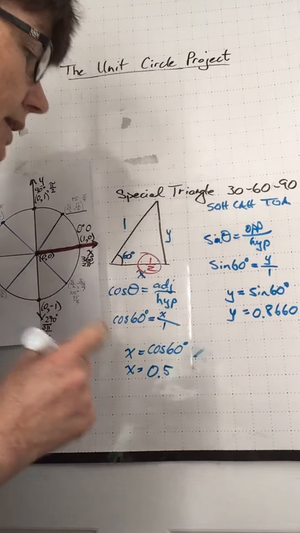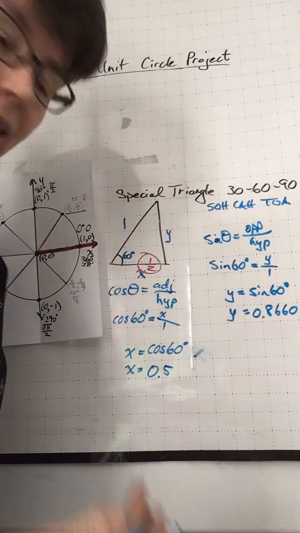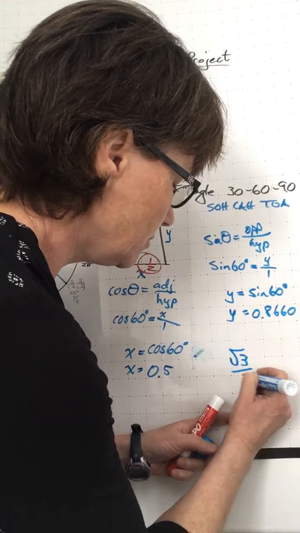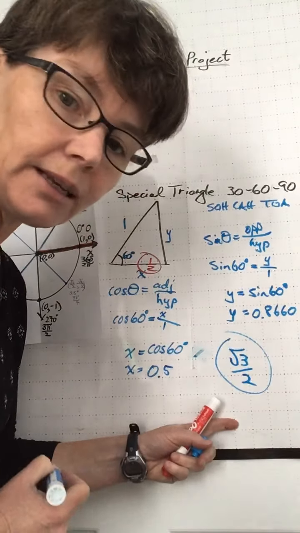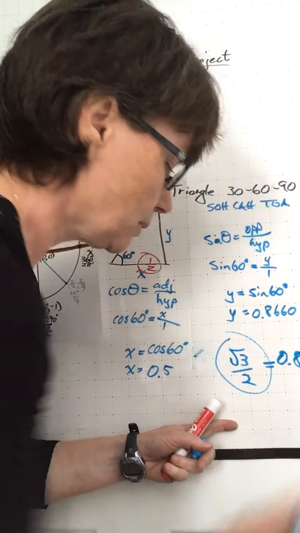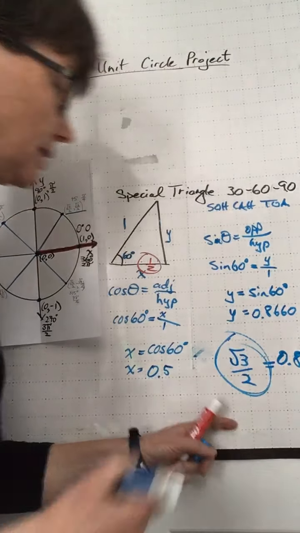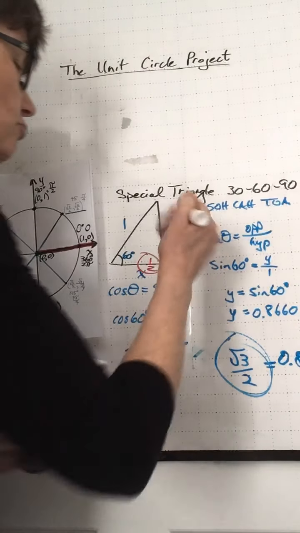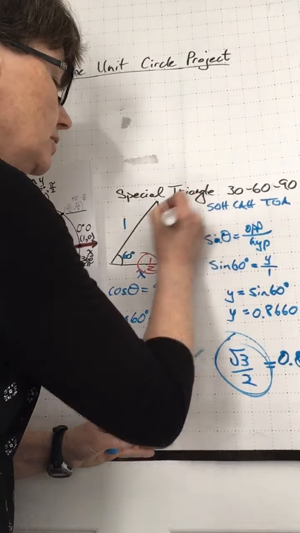Now, I want to talk about what that value is as an exact number. If you look at root 3 over 2, put this into your calculator, that's approximately equal to this same number. So we're going to use this value because it's exact. So this distance here is root 3 over 2.